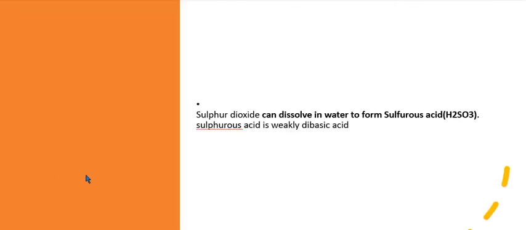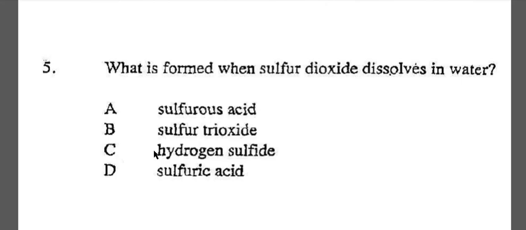So look, sulfur dioxide can dissolve in water to form sulfurous acid, H2SO3. Sulfurous acid is a weak dibasic acid. So the answer is sulfurous acid.